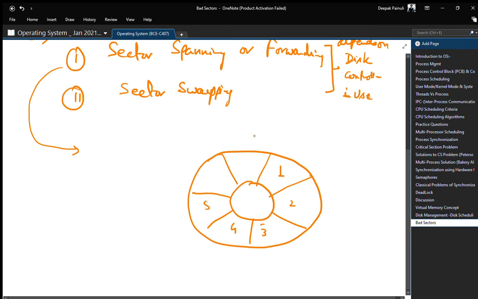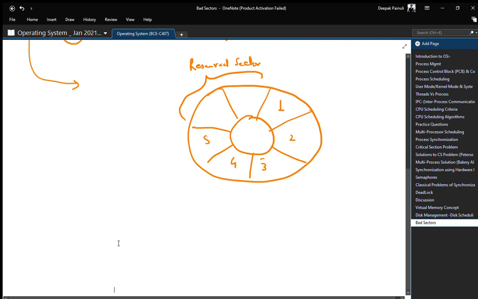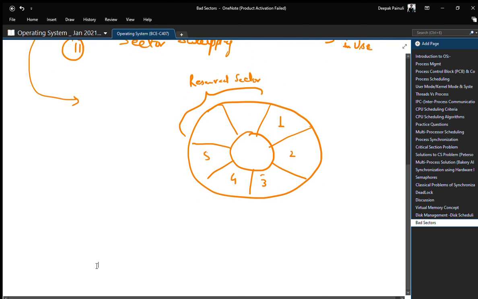These 2 are reserved for managing bad sectors, which are not allocated, right? This is our disk where we have 5 sectors and 2 reserve sectors for managing our disk's bad sectors, right?